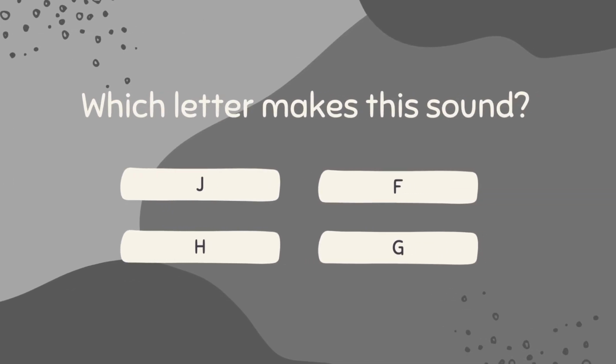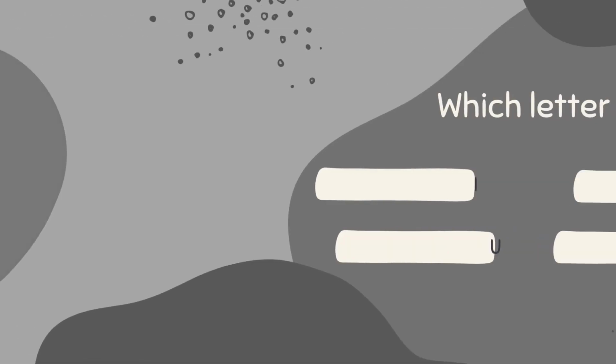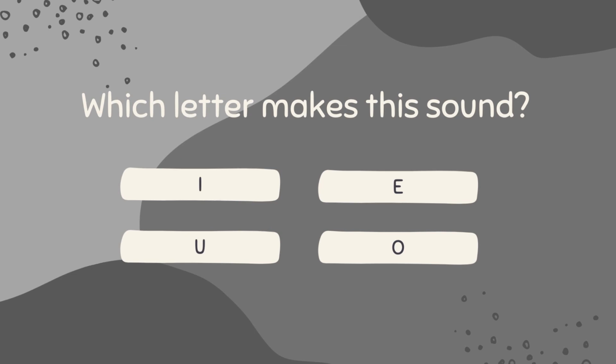Which letter makes the sound G? G. Which letter makes the sound Y? Y. Which letter makes the sound E?